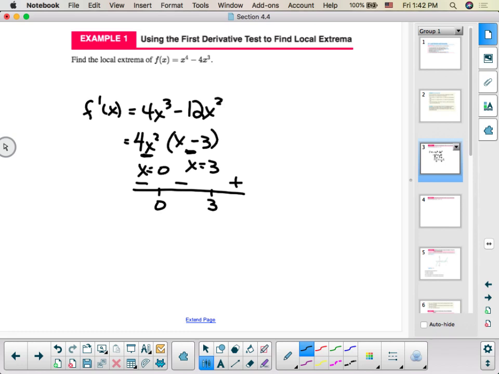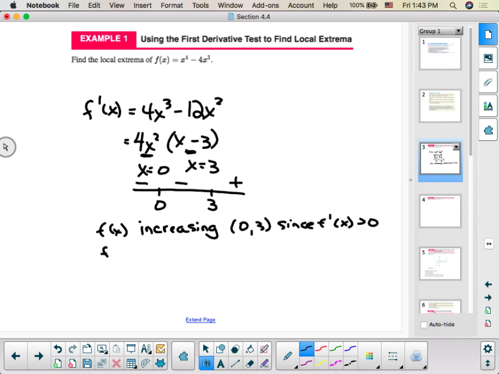So we know that f of x is increasing on the interval 0 to 3, since the derivative is positive.